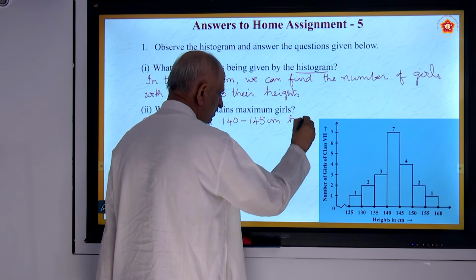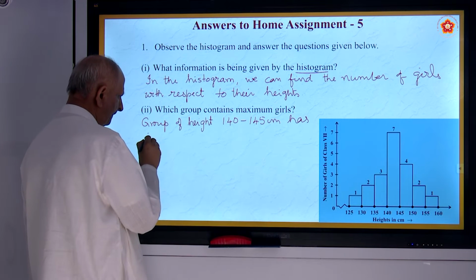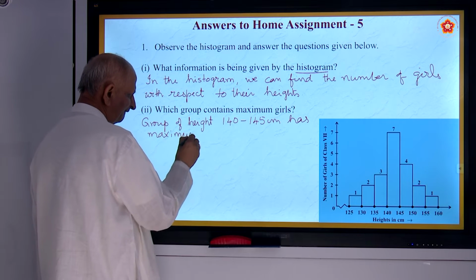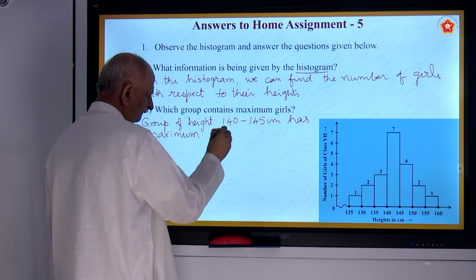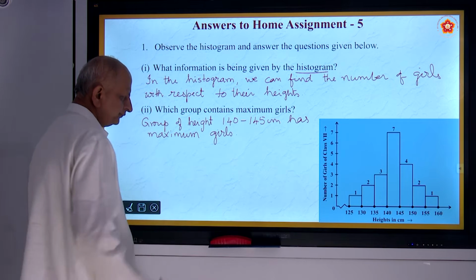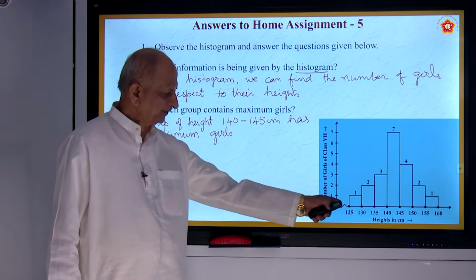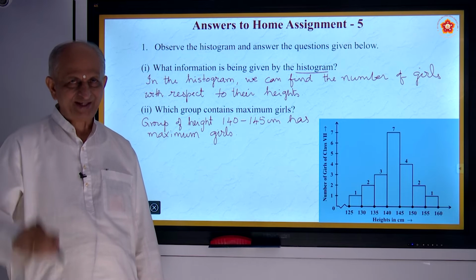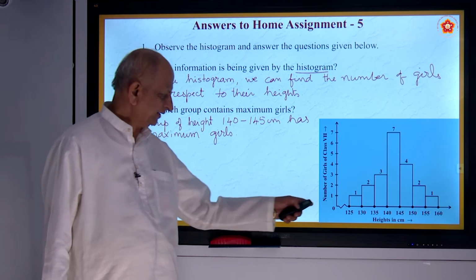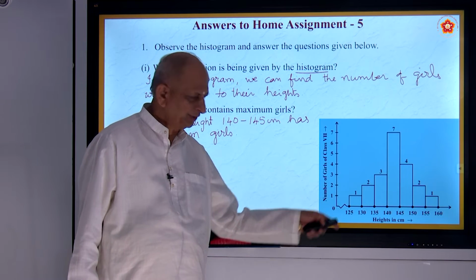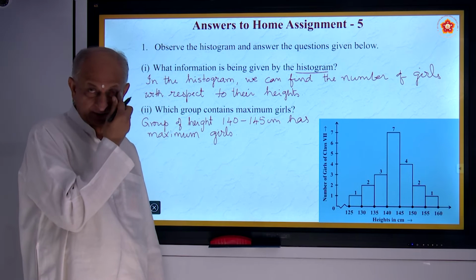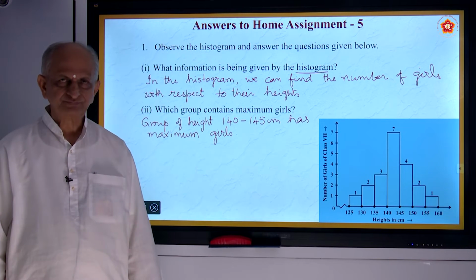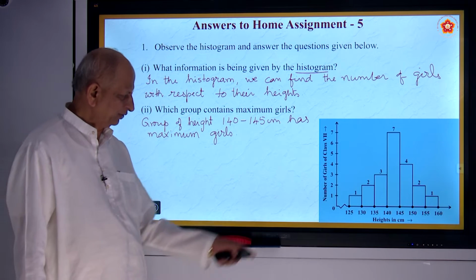That has the maximum girls. And you know what this kink stands for? That kink, the zigzag line, shows that there is a gap from 0 to 125, because our graph starts from 125, therefore up to 125 there is nothing, that's why it is showing a kink.